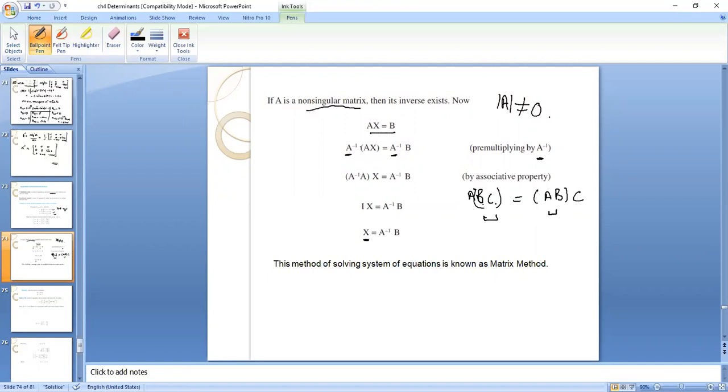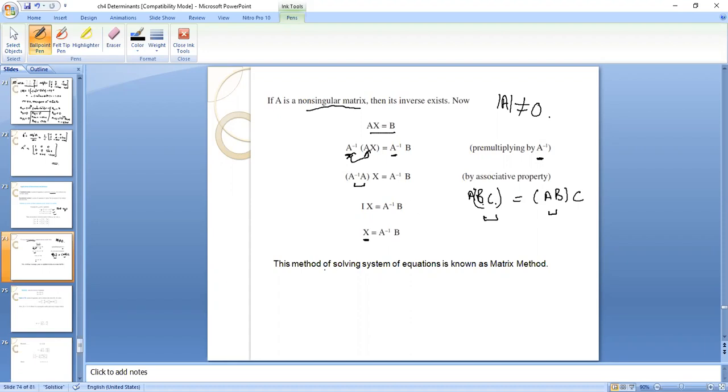The same property we are applying here. We are combining A inverse and A in one bracket. A inverse A outside, X is equal to A inverse B. You know that A inverse into A becomes I, the identity. So it will be X is equal to A inverse B.